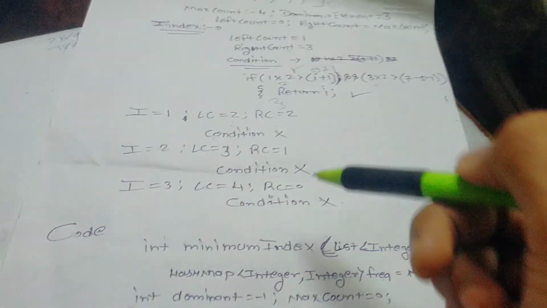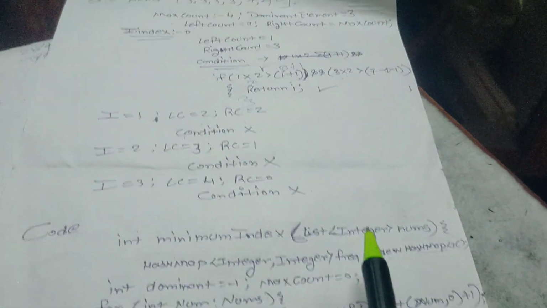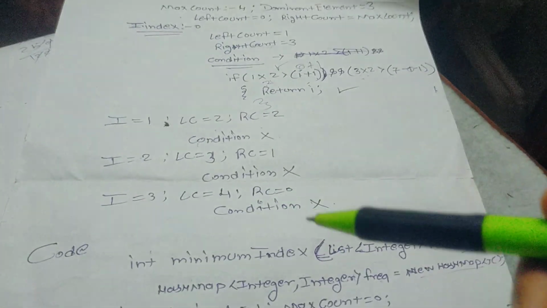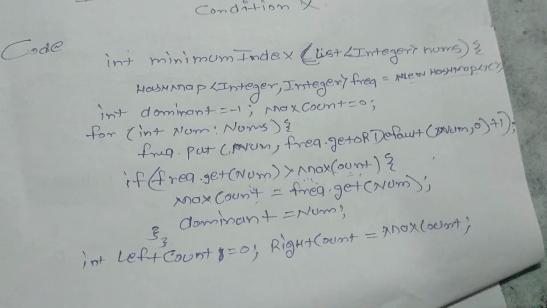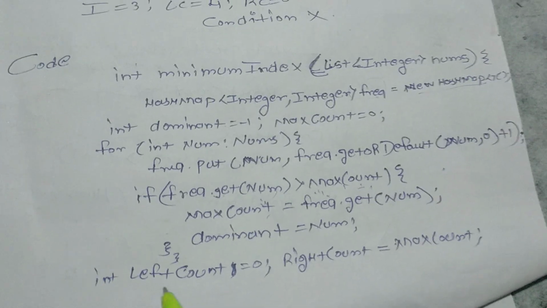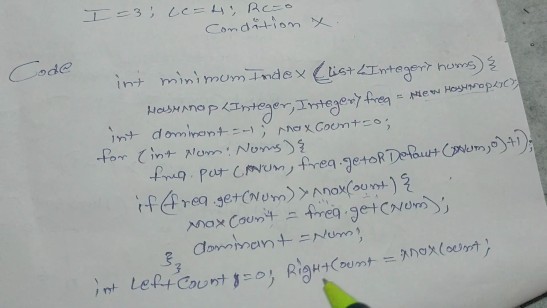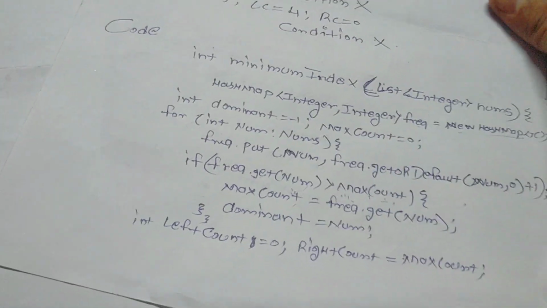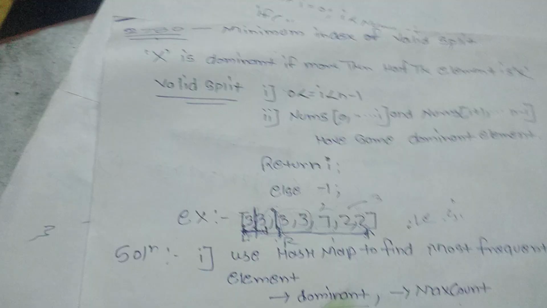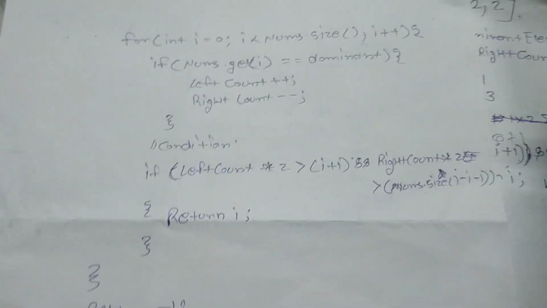After that, as we discussed, the left count and right count work similarly here. Left count is equal to 0, right count will be max count. Here is the code for that.